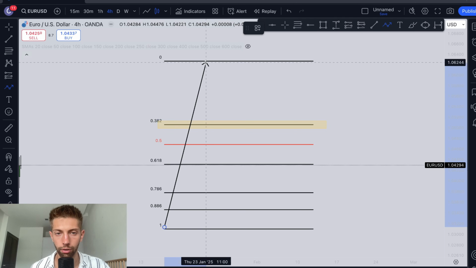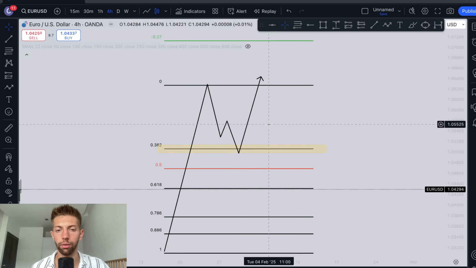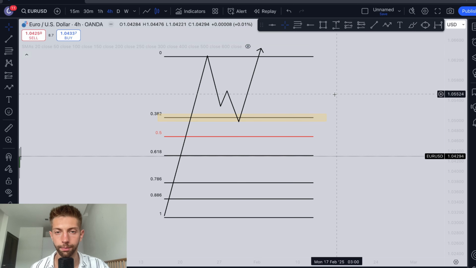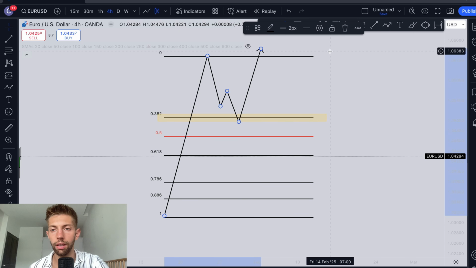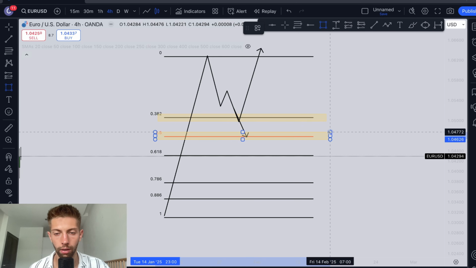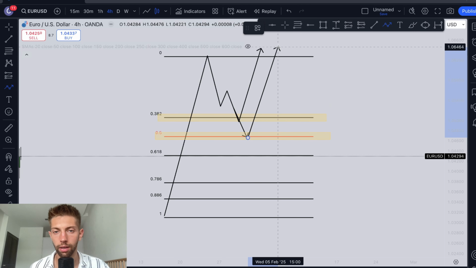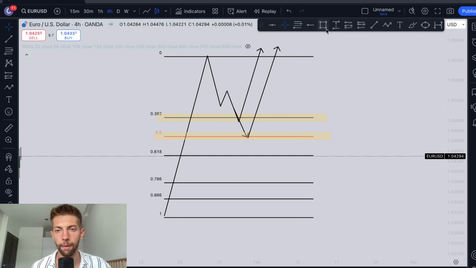Price pushes and pullbacks, does something like this, respects 38.2%, and then continues with its own trend. If 38.2% breaks, price goes to 50%, which also acts as a level of support, retests, rejects this 50% and continues its own trend.